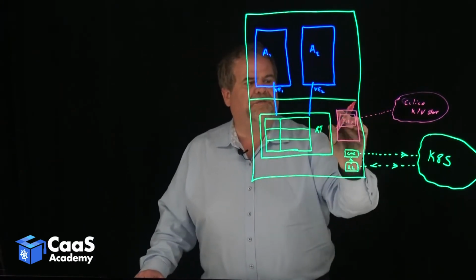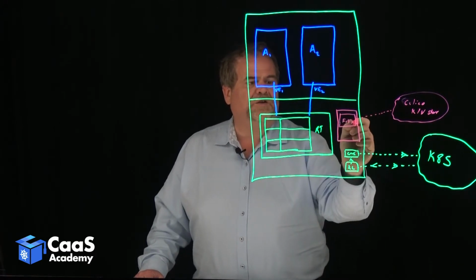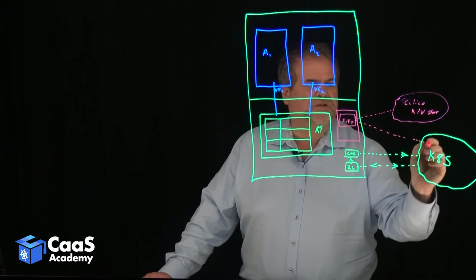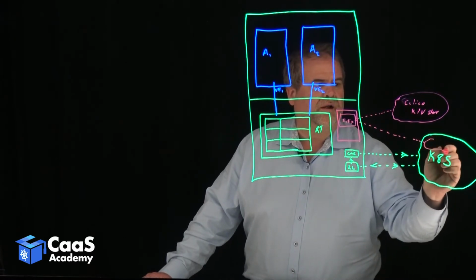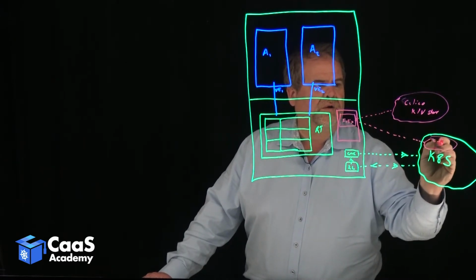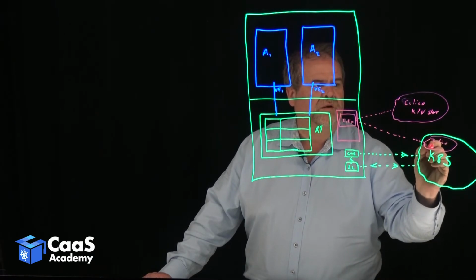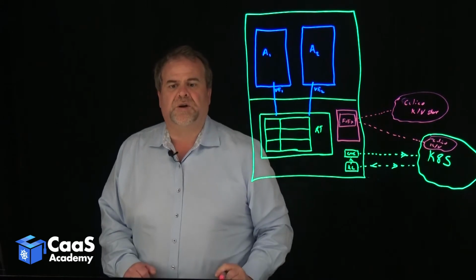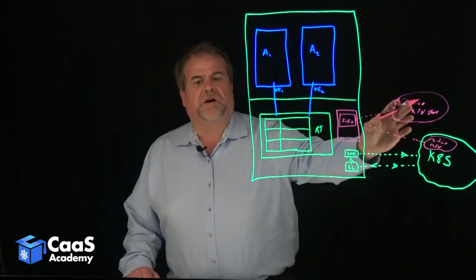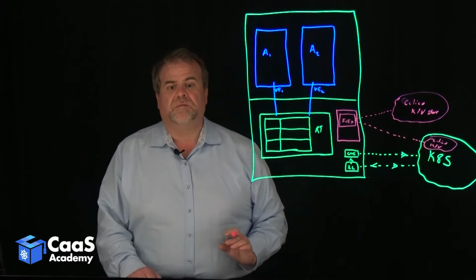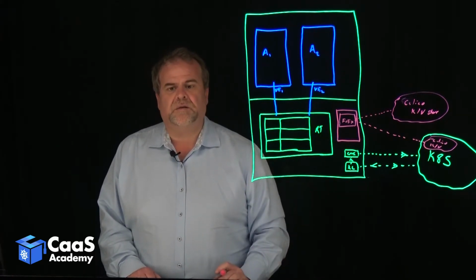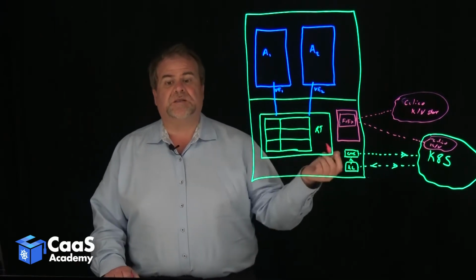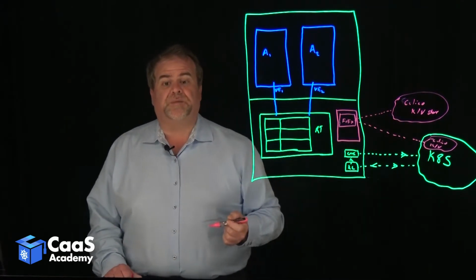So in reality, Felix is talking to the Kubernetes API server, and the Calico key value pairs are stored in that Kubernetes API server. So it might be talking to something standalone, like an etcd instance, or it's talking to the Kubernetes API server. But either way, it's getting some data.